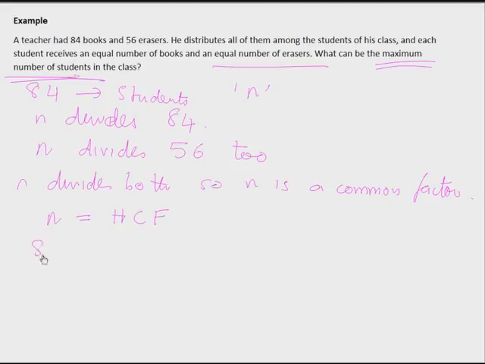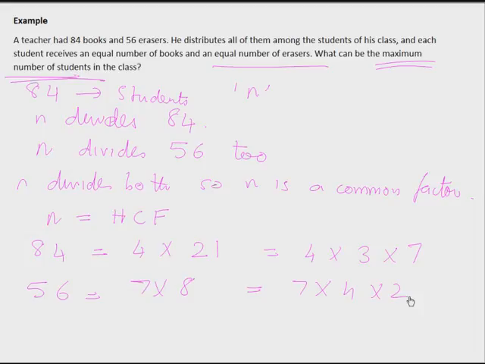Let's try to do this quickly. 84, I'll try to factor it. I know it's 4 into 21, which is 4 into 3 into 7. I'll try to factor 56. This is 7 into 8, which is 7 into 4 into 2.